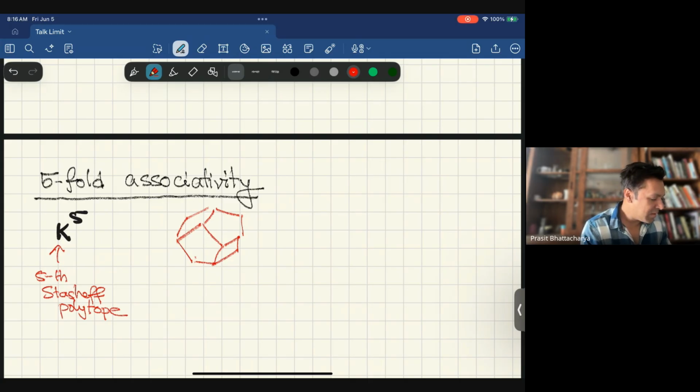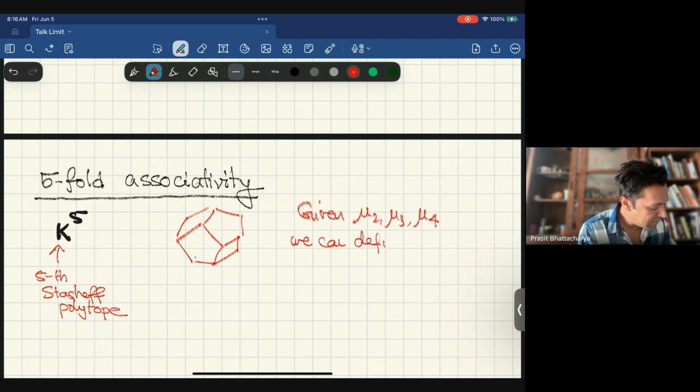And so given mu2, mu3, mu4, we can define a map from the boundary of K5 to the function space, the fivefold Cartesian product of x into x.